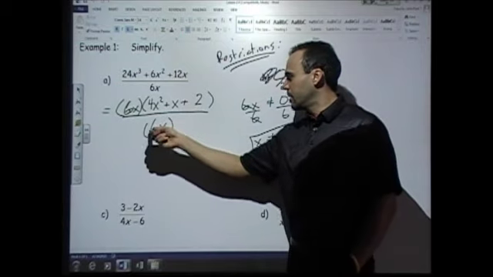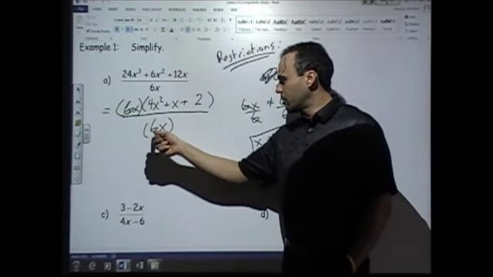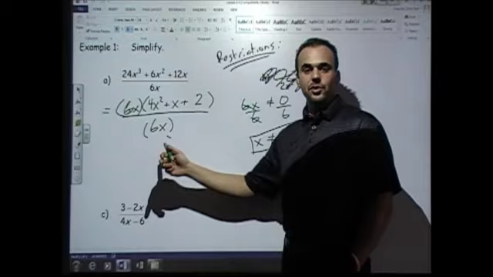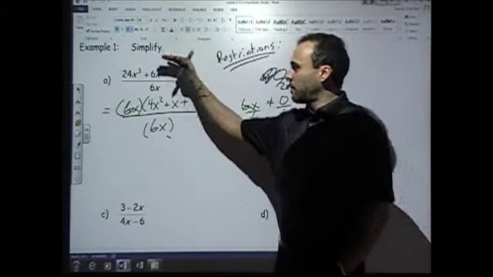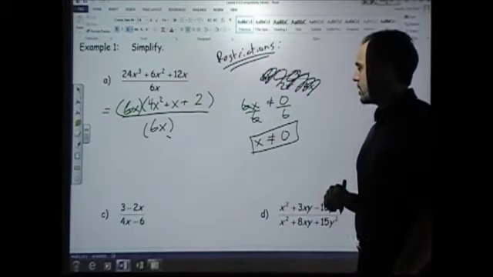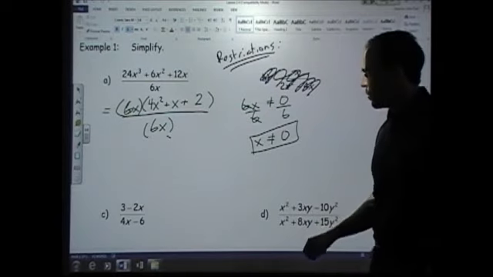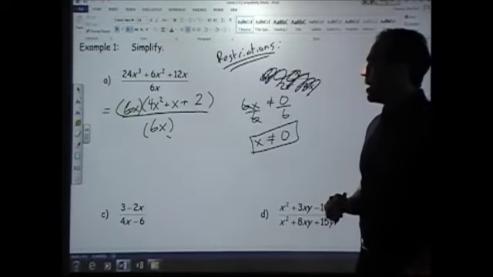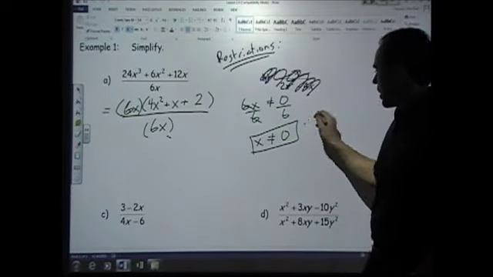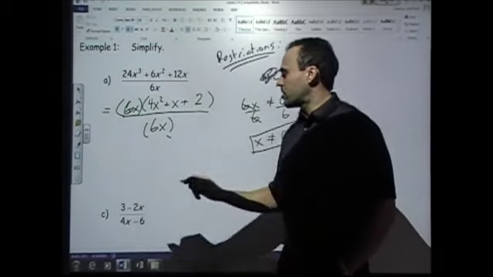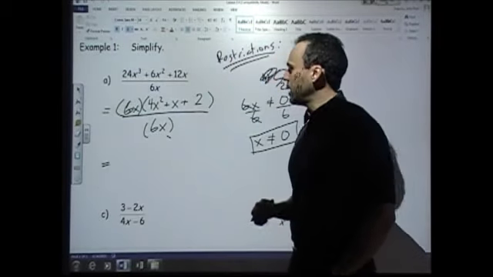I can't do it because it'll be 6 times 0 on the bottom, and it'll be 0. You can't have something divided by 0. It's okay for the top to be 0, just not okay for the bottom to be 0. So we just look at the denominators. And then step 3, so this is done. Step 3 asks us to cancel out or divide out any common factors.